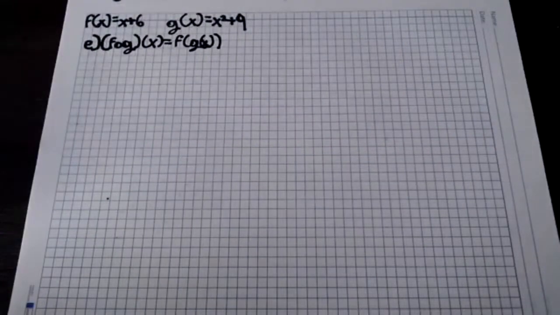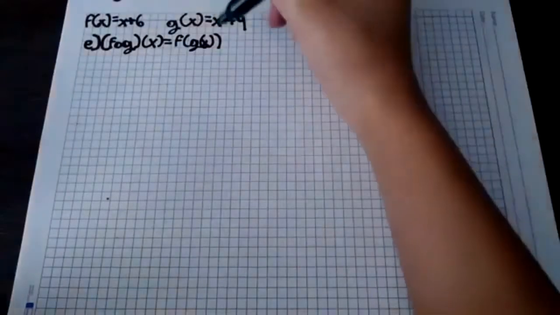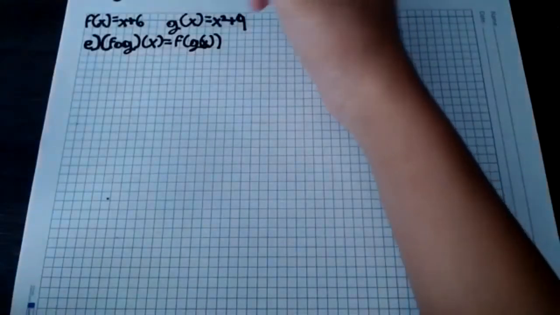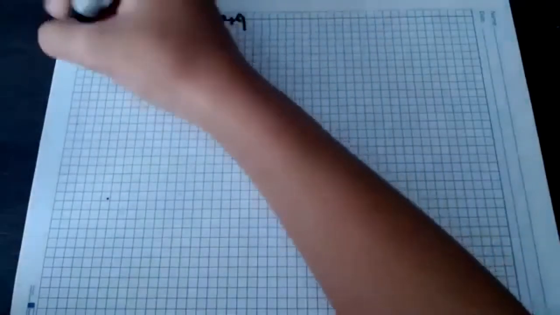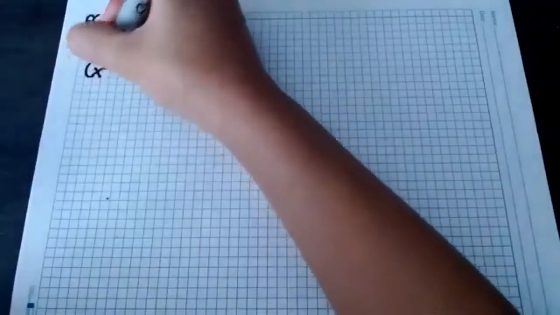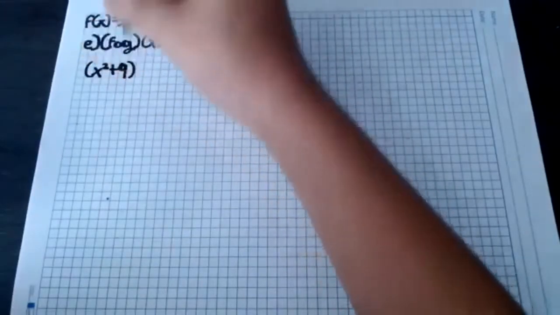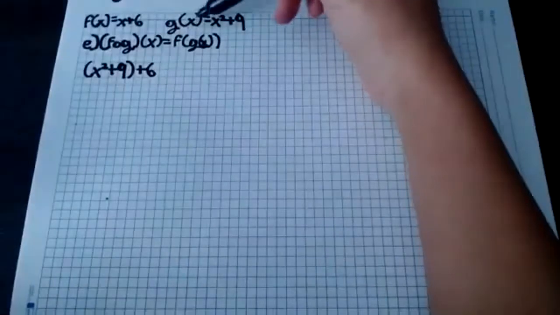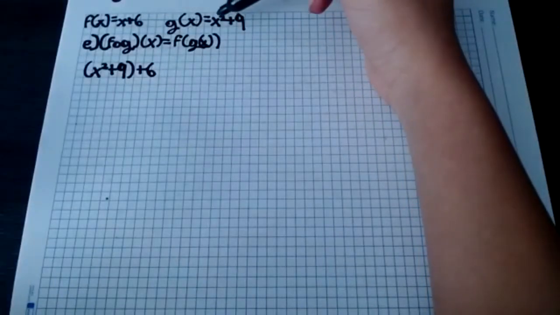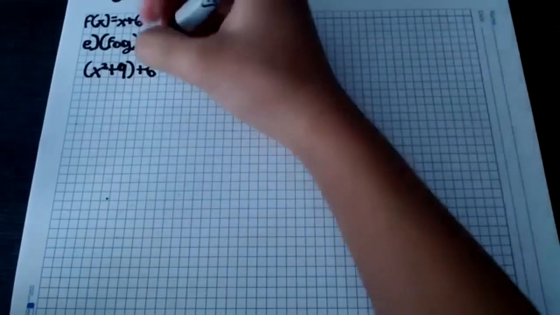Now we're going to do the e, which is basically f of g(x), with g(x) inside the parentheses. And in here, g(x) takes the place of the x. You will see. We substituted and we put x squared plus 9 plus 6, because as I told you, g(x) takes the place of the x, so that's why we write x squared plus 9 instead of the x.